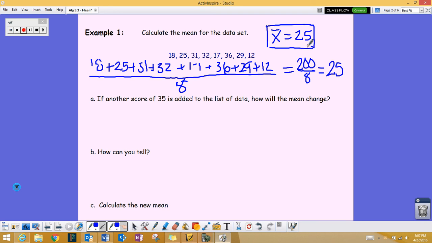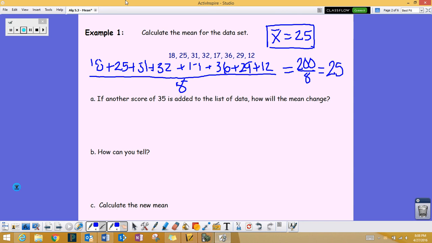This is the part that might be new to us this year. Part A asks what's going to happen if we add a score of 35 to the list of data. How is this mean going to change? Well, looking at the set of data, do we see very many scores around the 35 range? It looks like we have some in the teens, 2 in the 20s, and then 3 in the 30s, but only 1 is higher than 35.